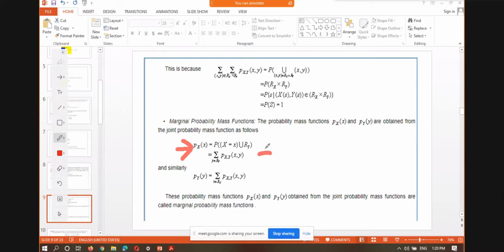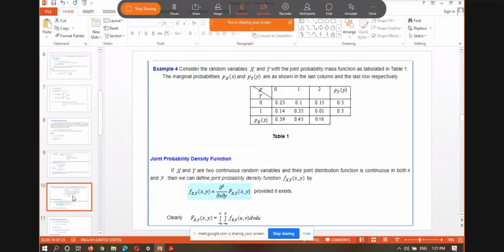So if I add the joint probability mass function for all values of y belonging to the range set of y, I will get the marginal probability mass function for X. Similarly, if I add the joint probability mass function for all values of x, I will get the marginal probability mass function for Y.